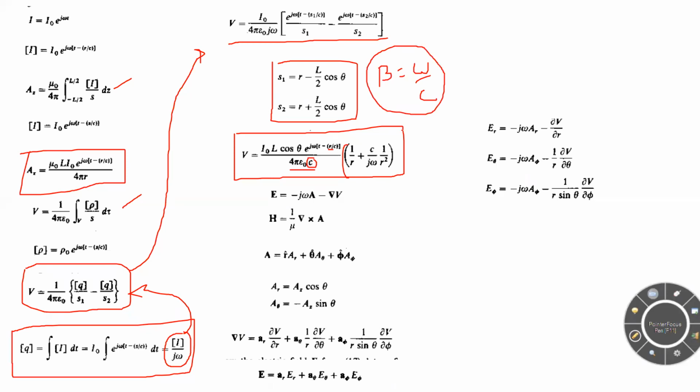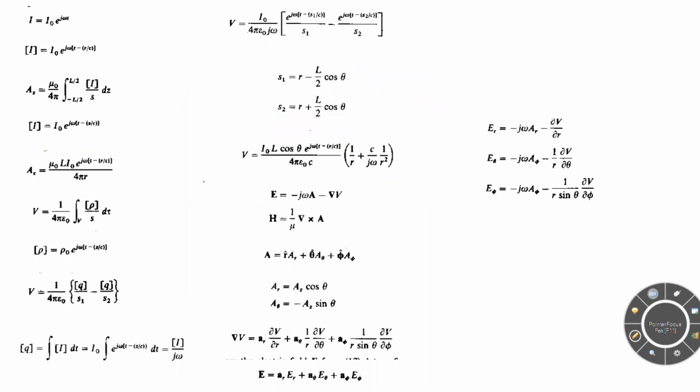In some books, you might observe this replaced by 1 by j beta, or they use the term k. These are just different notations. Overall, we have two representations: this is the vector retarded potential, and this is the scalar retarded potential.